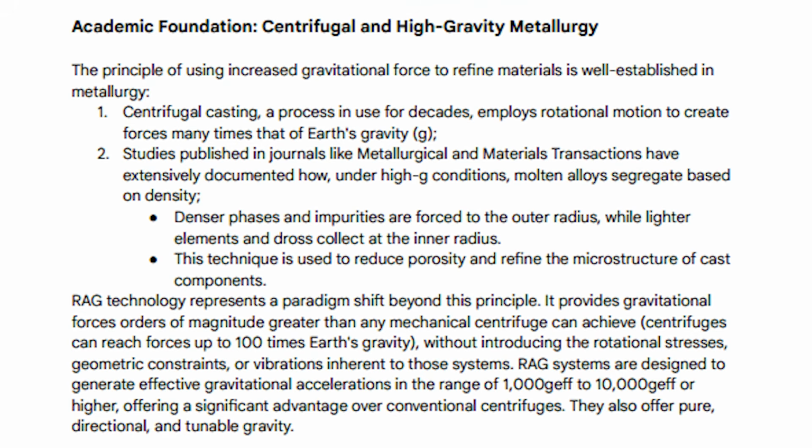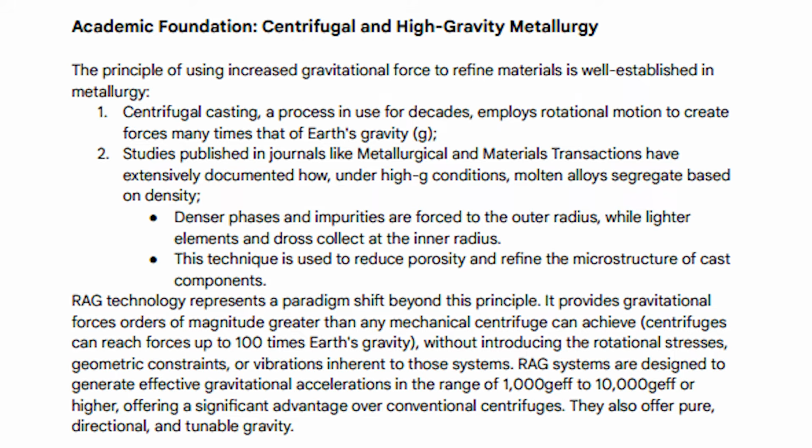Academic Foundation, Centrifugal and High Gravity Metallurgy. The principle of using increased gravitational force to refine materials is well established in metallurgy. Centrifugal casting, a process in use for decades, employs rotational motion to create forces many times that of Earth's gravity.